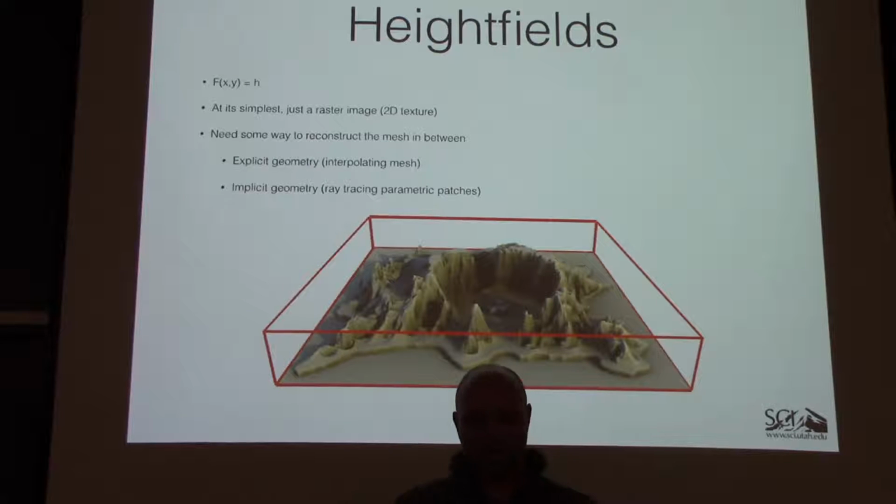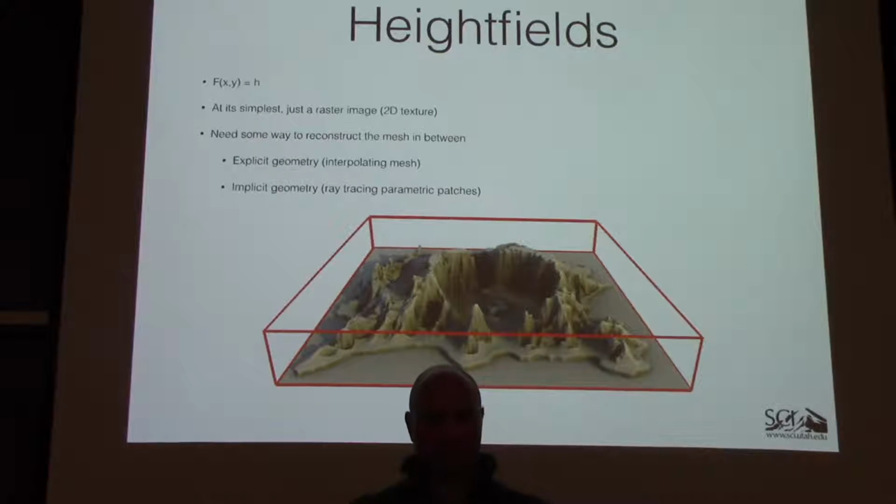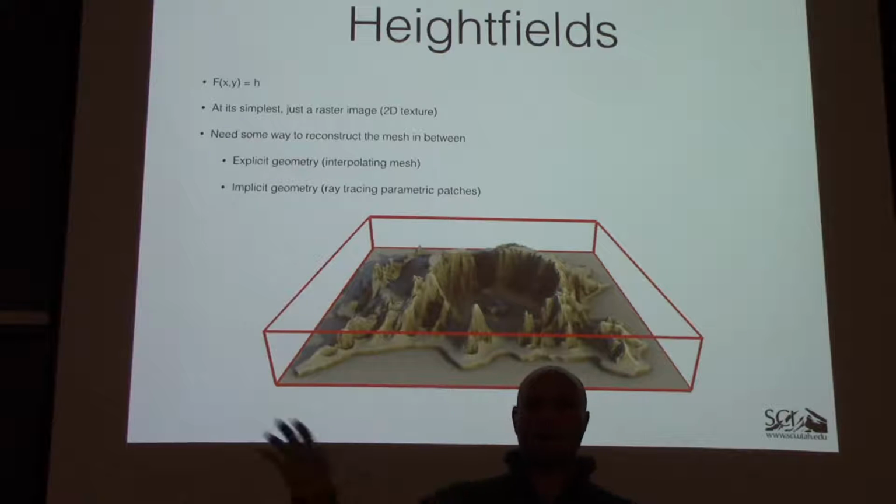There are several different ways of representing a height field, of representing the mesh itself. One is you can have a physical mesh that has all the vertices and all the indices, everything's connected, and that would be sort of the explicit representation. Another way you could represent it, sort of half implicit, half explicit, would be to have just the raster image and then parametric patches that are defined at each texel of the height field.